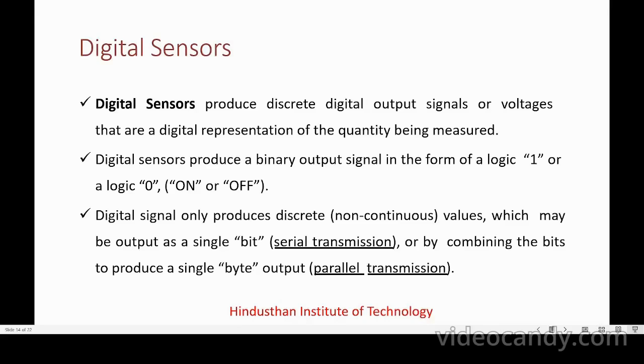Here a digital sensor produces a digital signal with discrete values, also known as non-continuous values, which may be output as a single bit. This is called serial transmission. Otherwise, combine the bits in order to produce a single byte. This transmission is called parallel transmission.